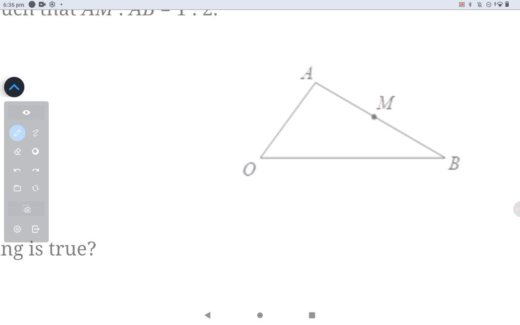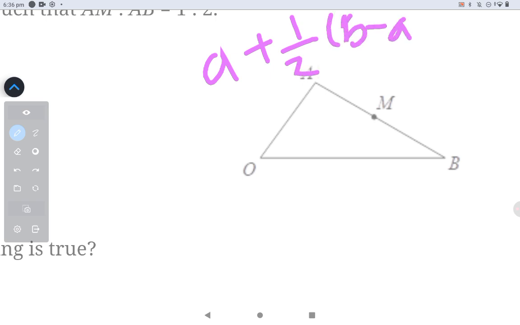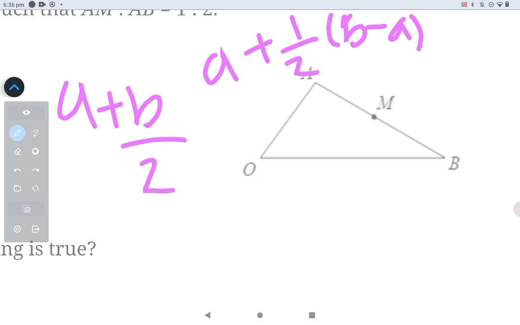Which is a plus AM, which is 1 over 2 times b minus a. Now we're going to distribute it: a plus b over 2 minus a over 2.